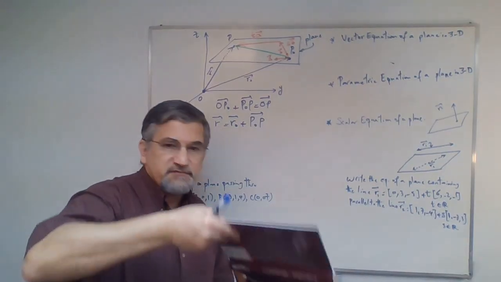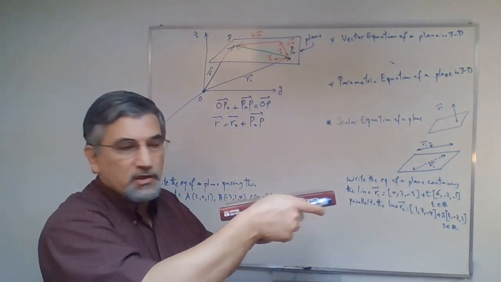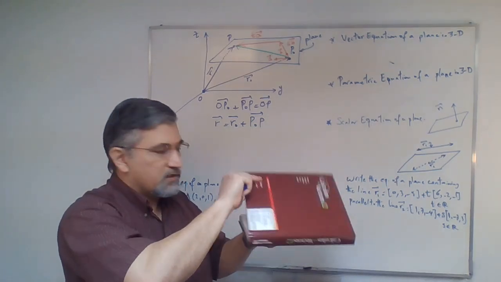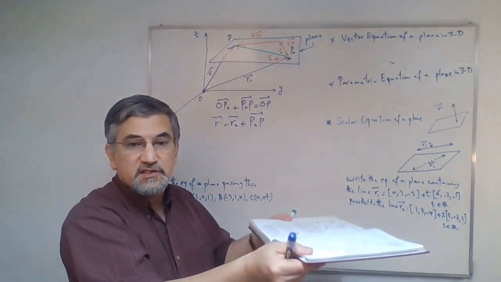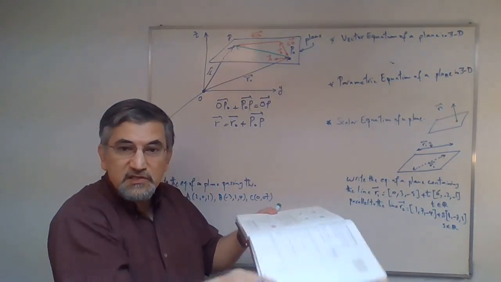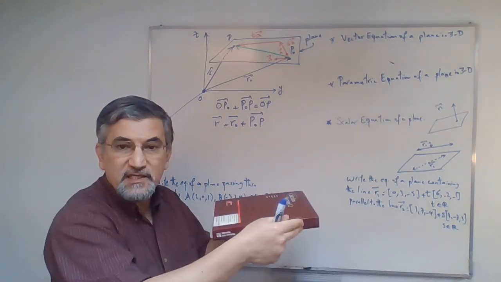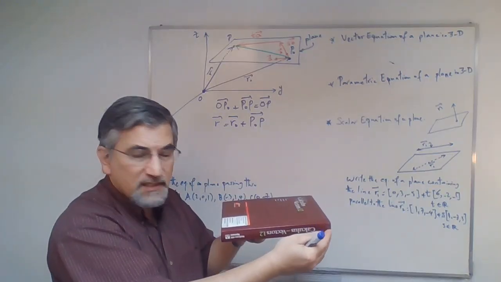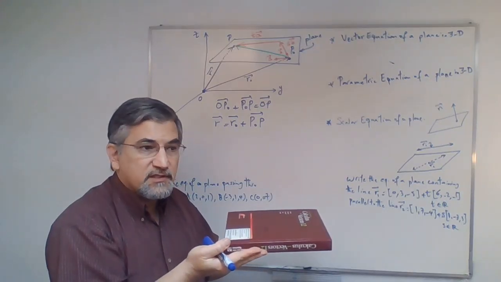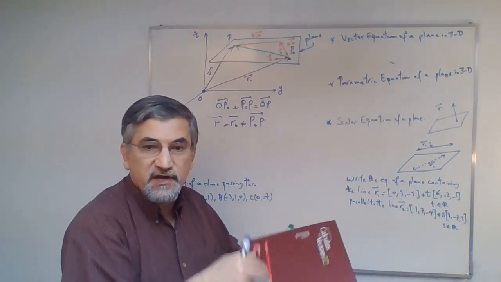Imagine, for example, the edge of this book to be that vector P0P. So this is one plane, this is another plane, this is another plane, that's another plane. So you see that there are millions of planes that could pass through this vector and can actually contain this vector.